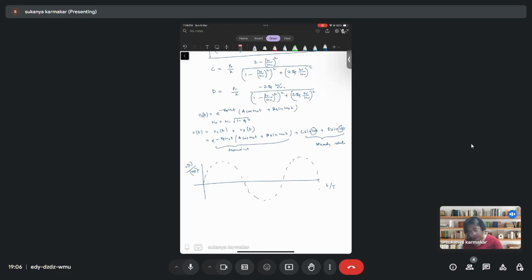Because of the transient part, you will have this omega n coming into the picture, but slowly it will die out and eventually you will be left only with the steady state solution. So this solid line is the total response, and the dotted line is the steady state response.